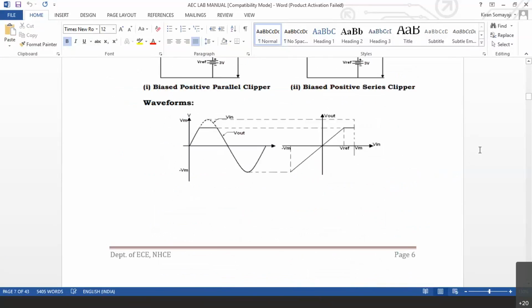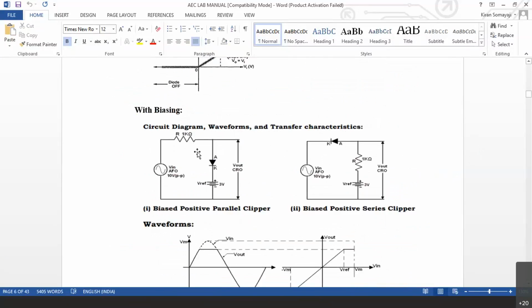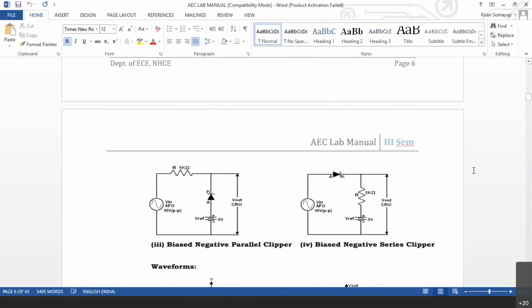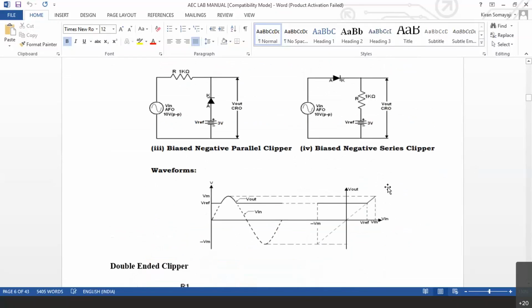You can see here in the positive shunt clipper, the diode was downward, and in the positive series clipper, diode was towards left side. Now in the negative shunt clipper, diode will be upward, and in the negative series clipper, the diode will be towards right side. So obviously, whatever I discussed in the earlier circuitry, the same thing is going to hold good here also.